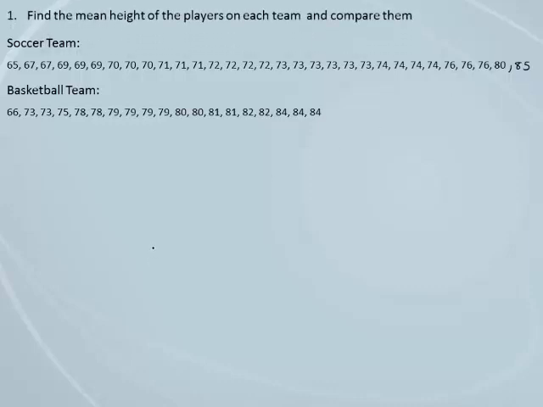we want to find the mean height of the players on each team and compare them. So you remember, to find the mean, this is the average. Okay, so we're going to add the soccer players, and then we're going to divide that by 1, 2, 3, 4, 5, 6, 7, 10, 11, 12, 13, 14, 15, 16, 17, 18, 19, 20, 21, 22, 23, 24, 25, 26, 27, 28, 29, 30, 31, because that's how many we've added together.